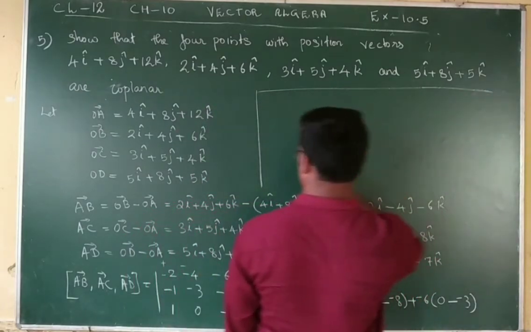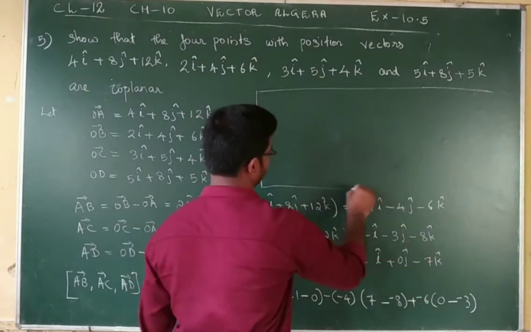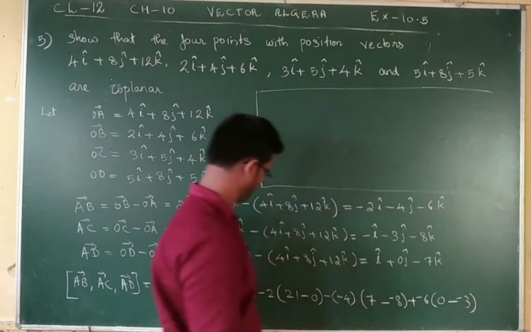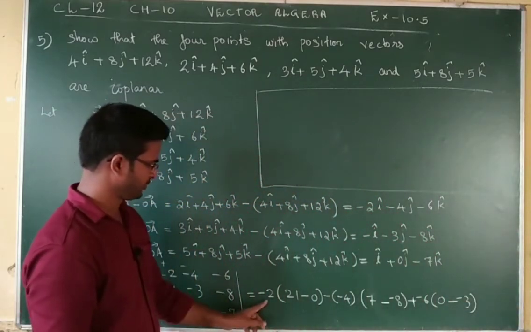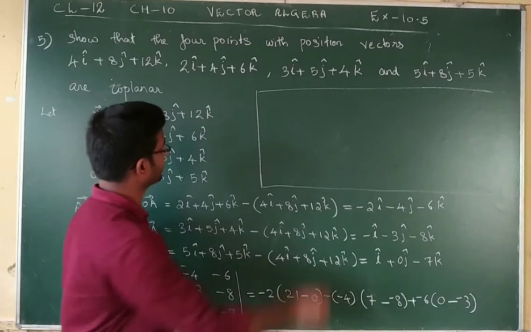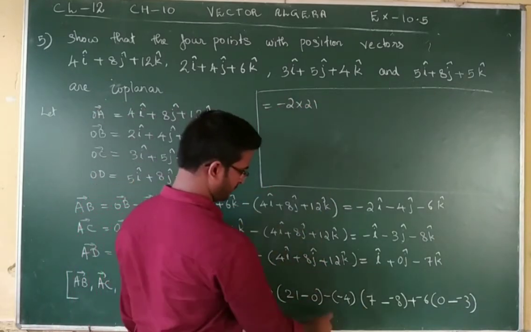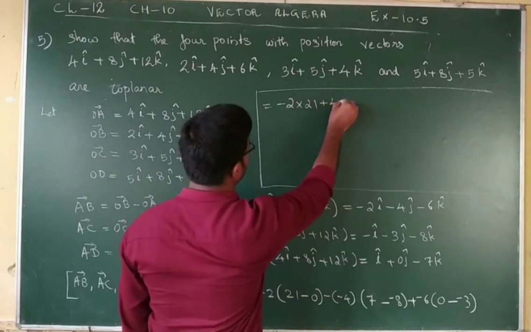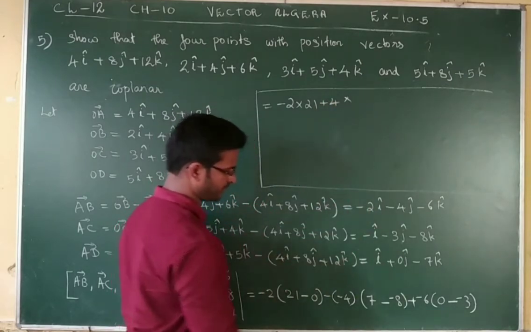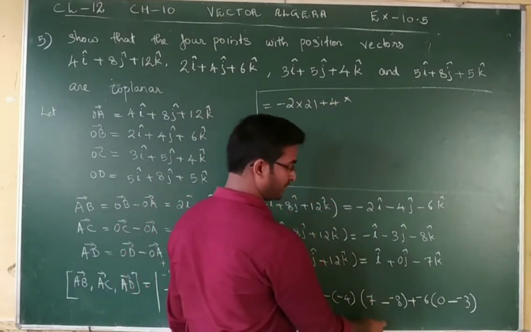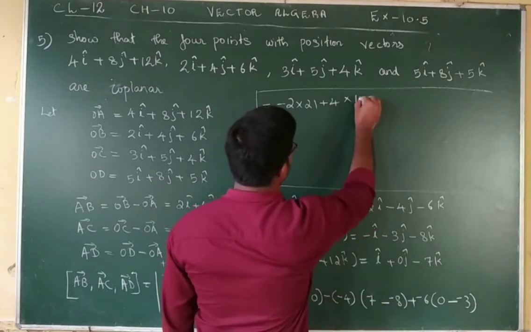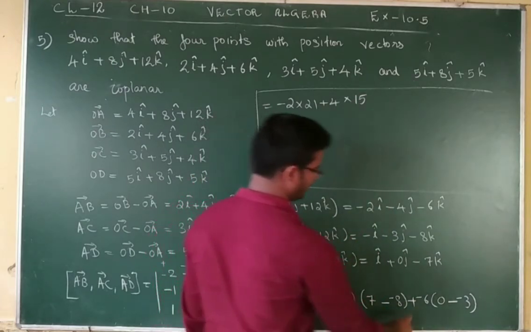Okay, now please, I'm going to write in here. Minus 2 into 21. Minus into minus plus 4 into, what will you get? 7 minus into minus plus 8, 7 plus 8, 15.